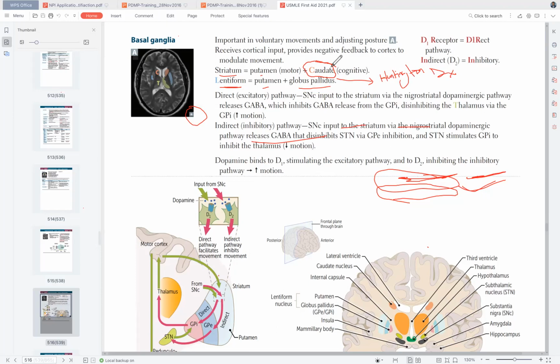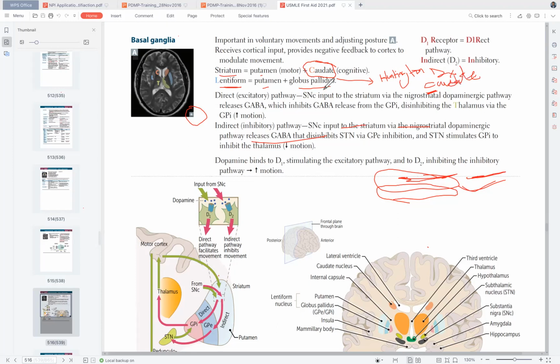Because of the choreiform movement. So in order not to confuse, if you'd like to borrow my mnemonic, instead of calling it Huntington chorea, I call it Huntington caudate, just to remember exactly where the problem is.